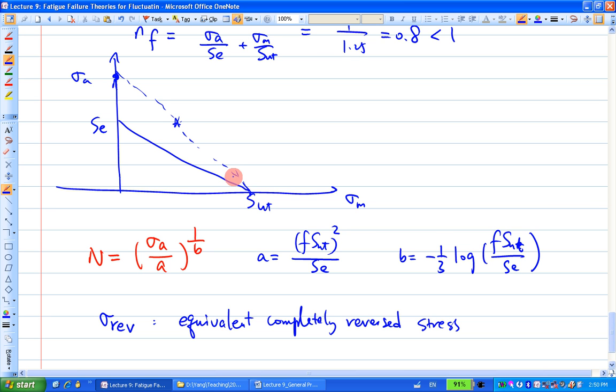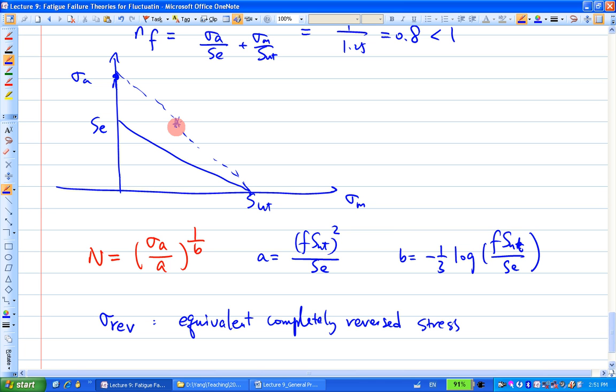I'm going to create a line right through here. Then, if this line represents all the points having the same number of cycles to fail, 10 to the power of 6, then this line here will represent every point having the same number of cycles to fail as this point here.